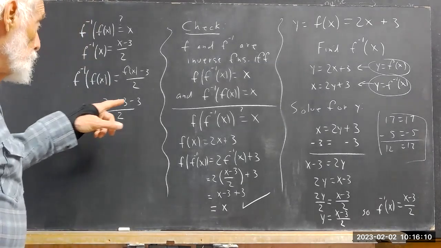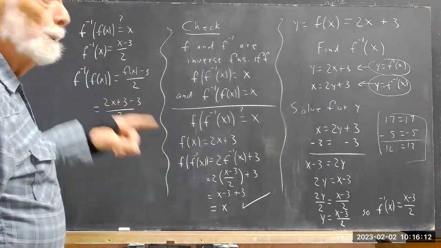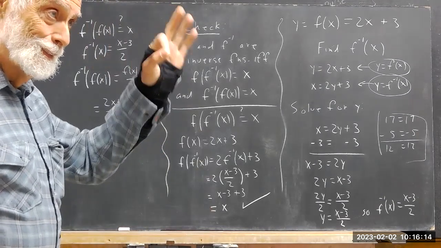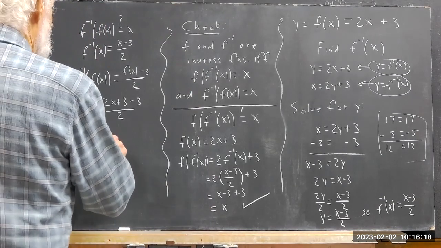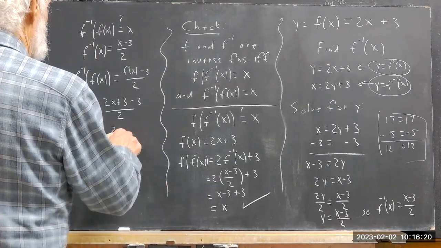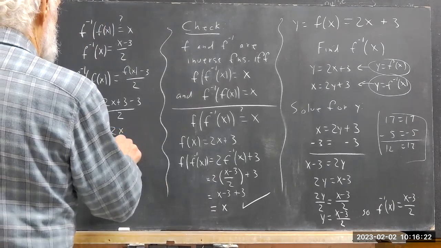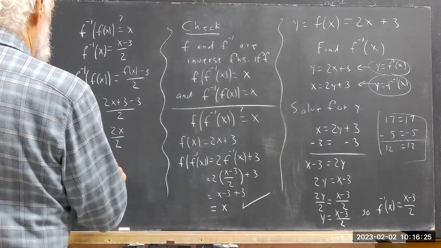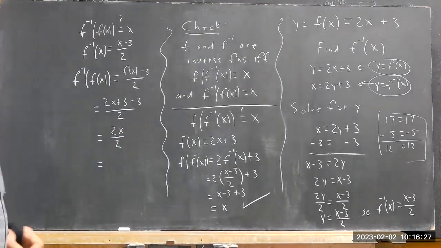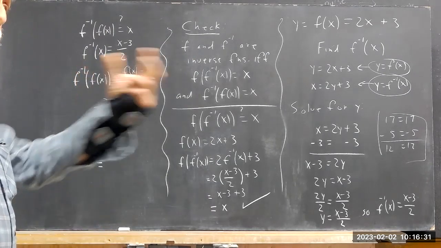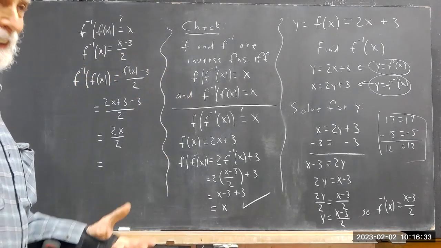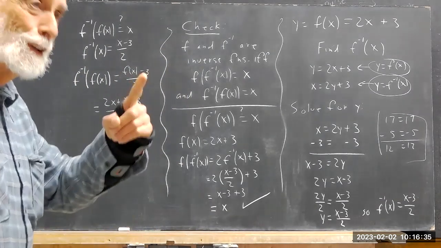Because what's 2x plus 3 minus 3? Well, what's 3 minus 3? Zero. Okay. Right? And what's 2x divided by 2? Well, if you got 2 x's, you take half of that, you got 1.